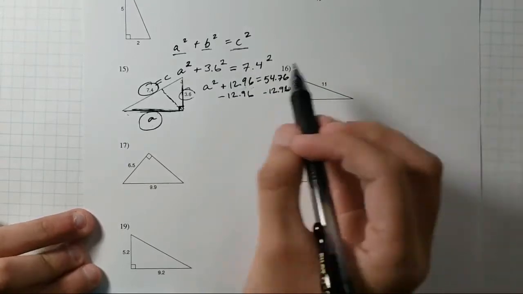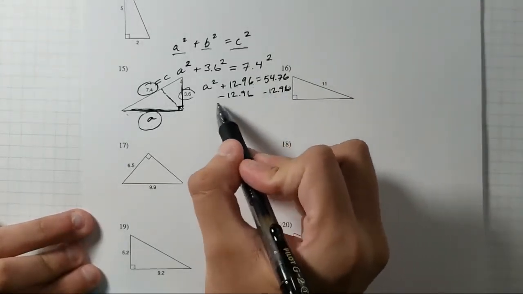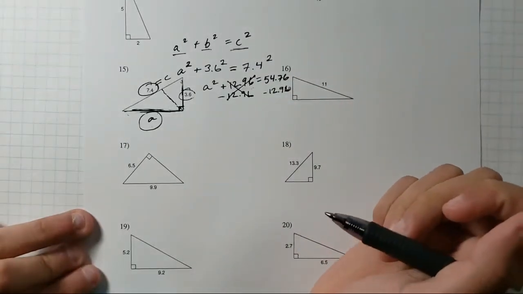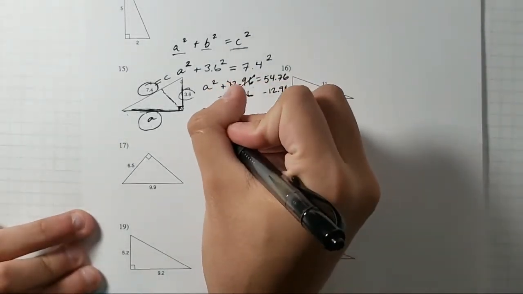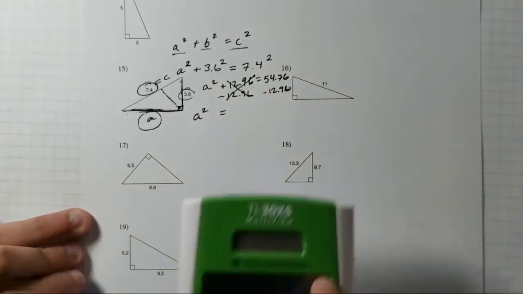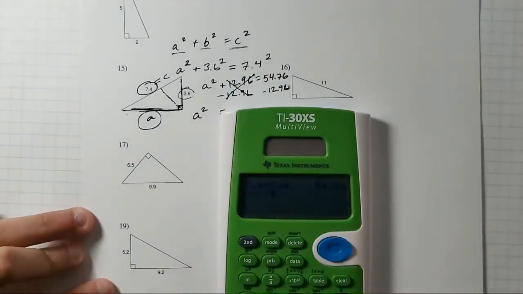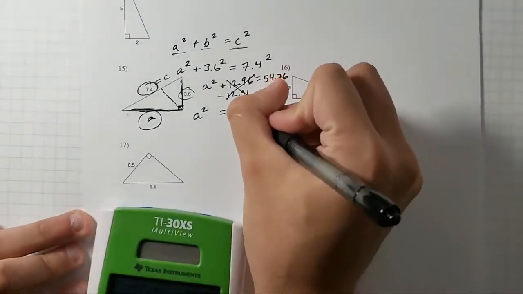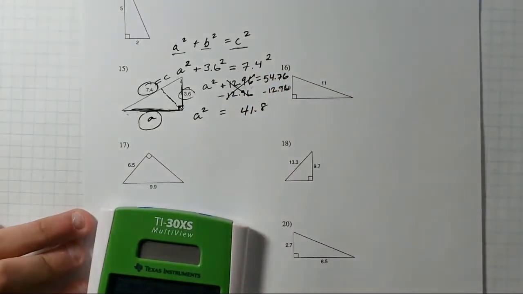And when you do that, 12.96 minus 12.96 is 0. They cancel out. And you're left with A squared equals 54.76 minus 12.96, which is 41.8. So we end up with this equation right here.